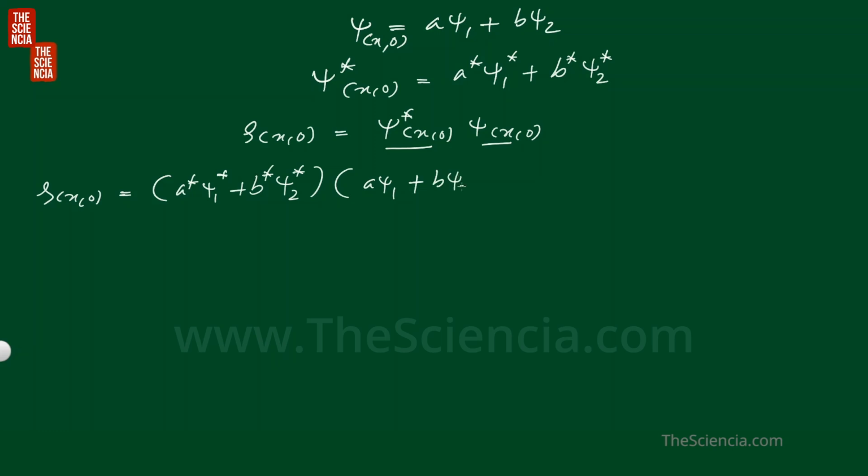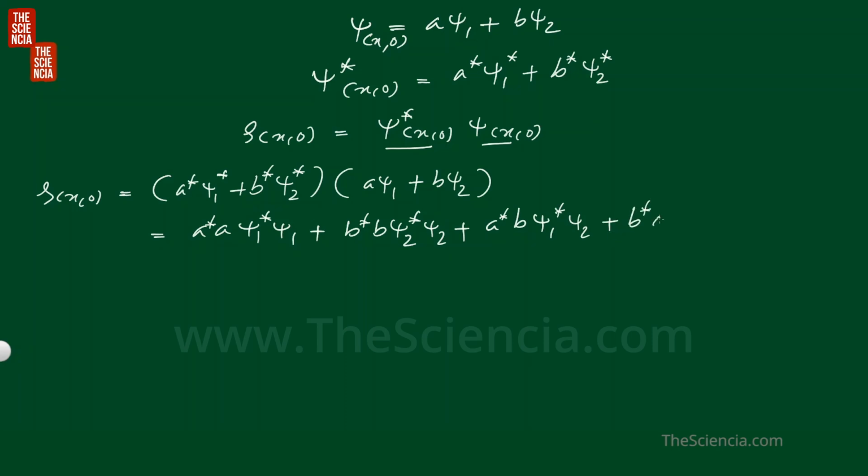plus B psi 2. So we can multiply, that is we get A star A psi 1 star psi 1 plus B star B psi 2 star psi 2 plus A star B psi 1 star psi 2 plus B star A psi 2 star psi 1.